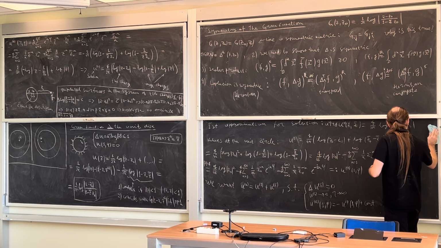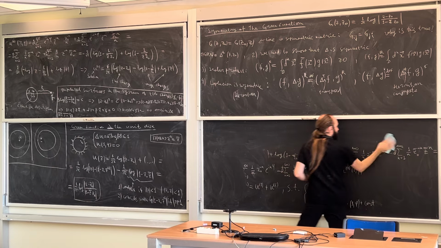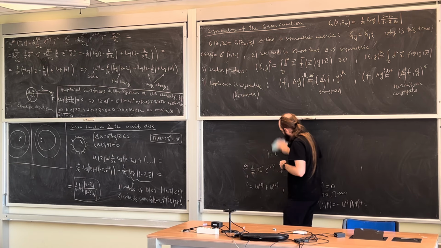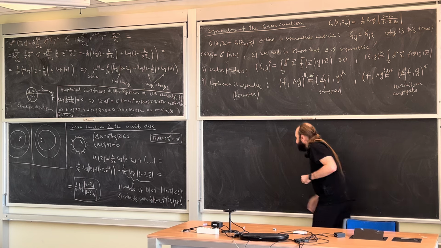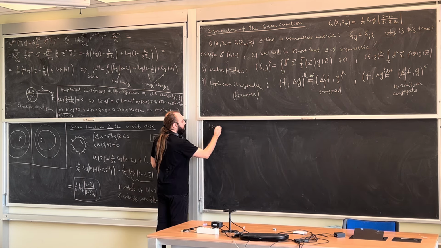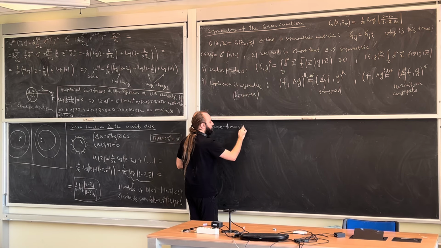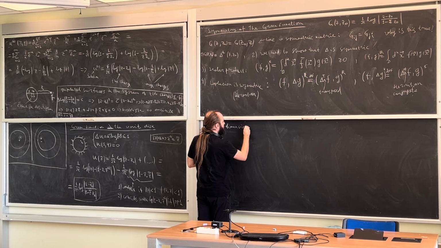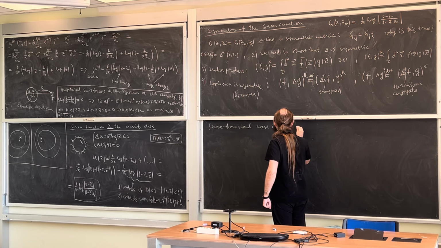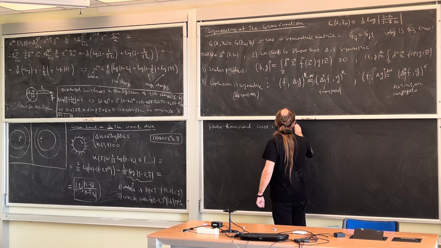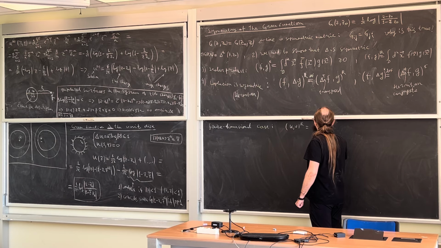So scalar product of u and v. Real scalar product is sum of ui vi.